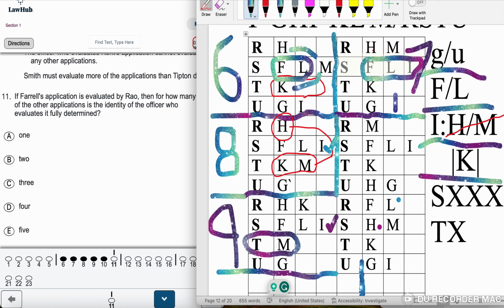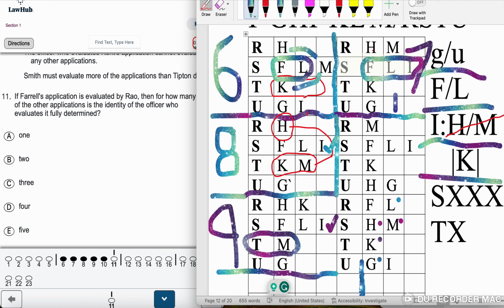Now, H and M. G has to go with U, so that's going to be 2 right there. K has to be by itself, so that's 3. And then S has to have more than T, so 4. And I guess they're asking for how many applicants.